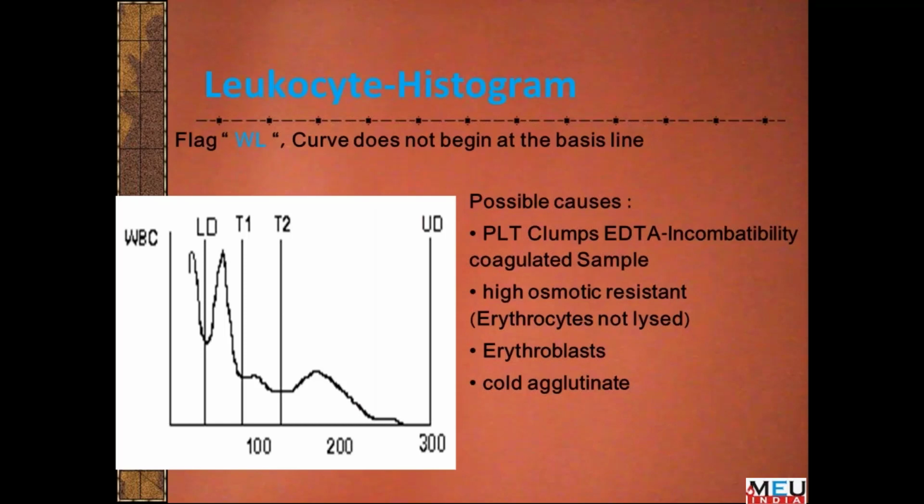In leukocyte histograms, we get two troughs, T1 and T2, and sometimes the curve does not begin at the baseline. This could be due to platelet clumps, EDTA incompatibility, high osmotic resistance, RBCs not being broken by the lysing agent, cold agglutinins, or the presence of erythroblasts, nucleated RBCs.